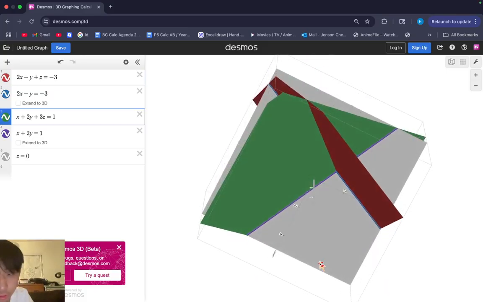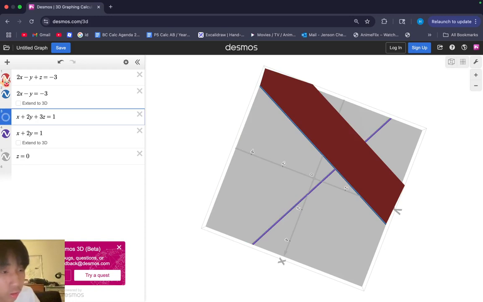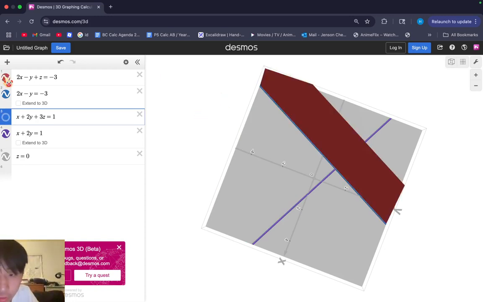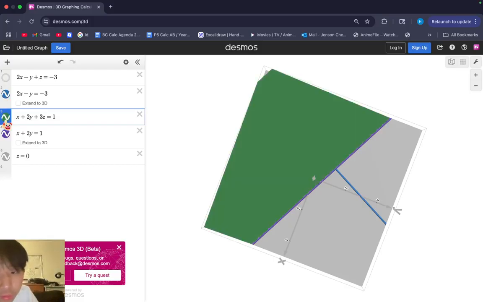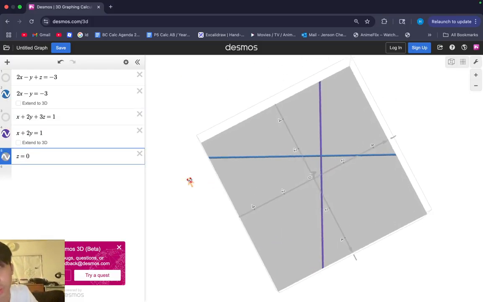And if we look at the top view, we see that they intersect at z equals 0, and we can see those two equations. We just cancel them out, and you can see how they align with each other, right? So this is what it would look like from the top view.